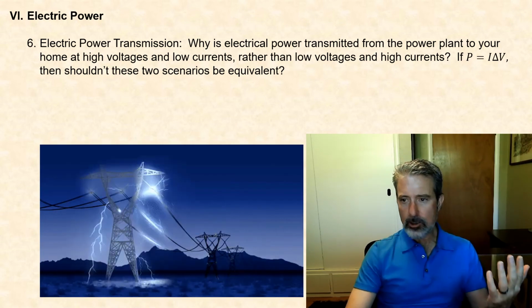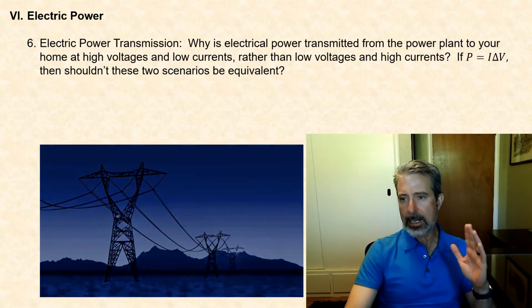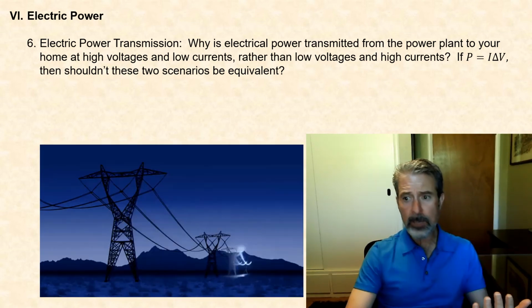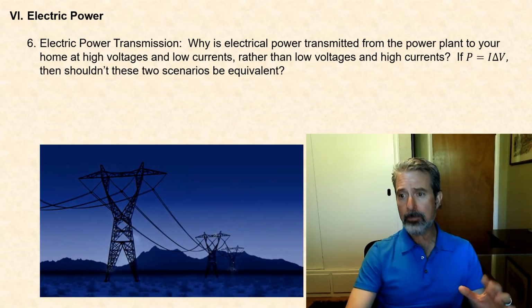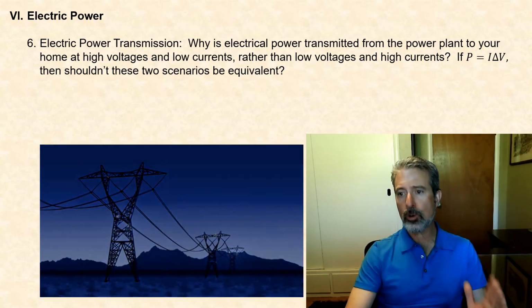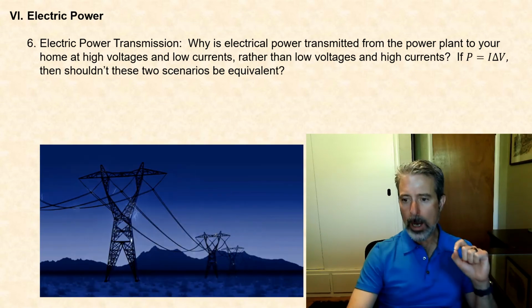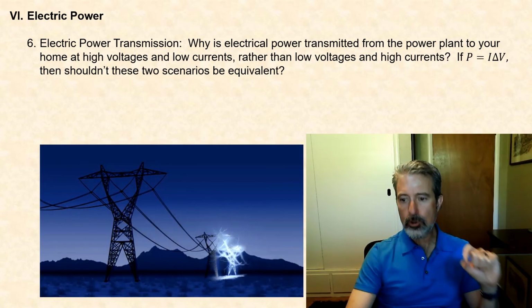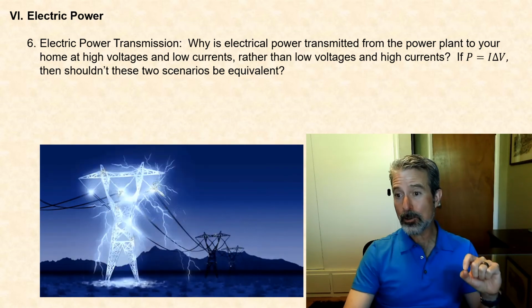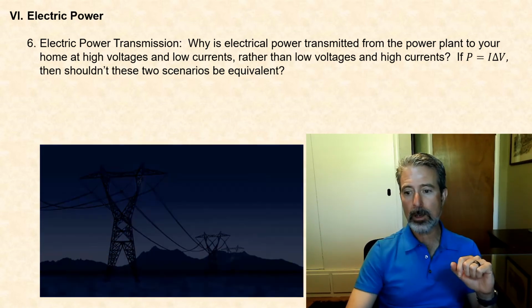In other words, transmitting power at a high current, low voltage could give you the same power output as transmitting the power at a low current, high voltage. So why is it that the way power is actually transmitted is in the form of high voltage, low current?